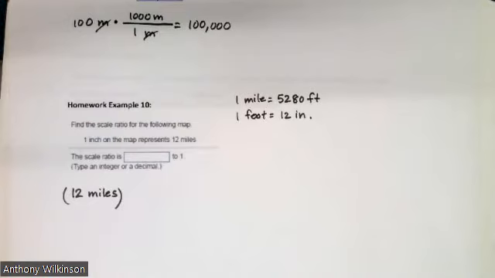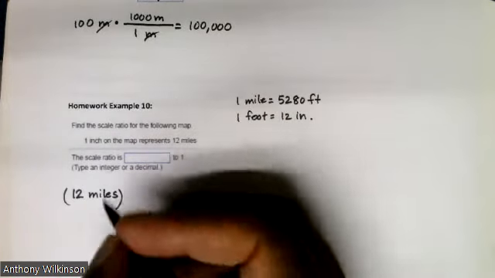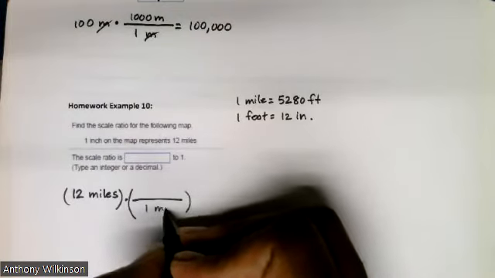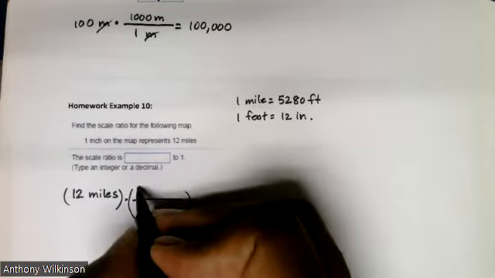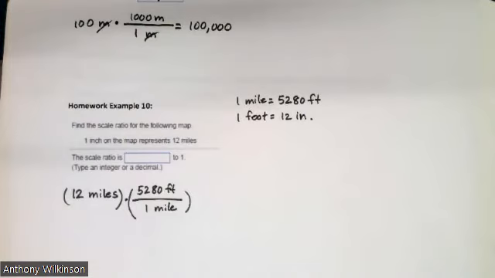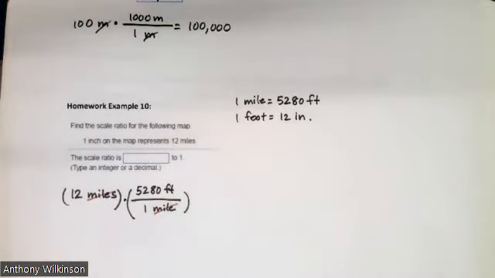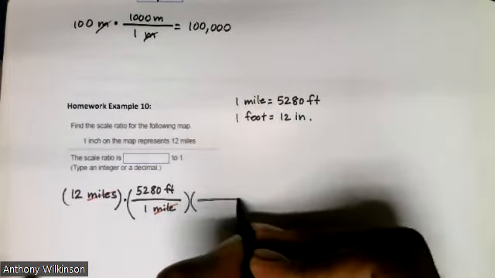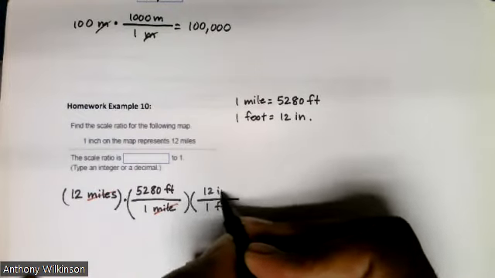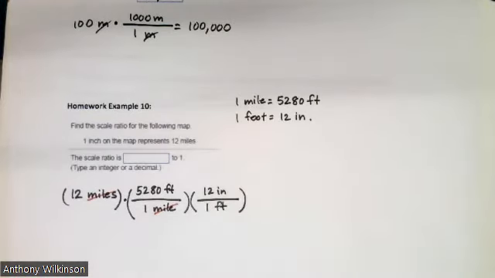So our units are the same. 5,280 feet make up 1 mile, so we're going to multiply that by the 1 mile in the denominator, because we want to get rid of miles and convert that to feet. So it'll be 5,280 feet. If we divide out the miles, we'll be in feet, but it needs to be converted to inches. Since 12 inches is equal to a foot, that 1 foot goes in the denominator and 12 inches goes in the numerator. So the feet divide out.